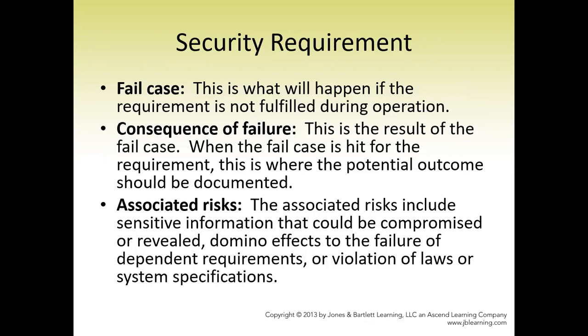That's a failed case, a failure right this moment because my system didn't protect it. That should be documented, right? Associated risk includes sensitive information that could be compromised or revealed, a domino effect to the failure of a dependent requirement, or a violation of laws or system specifications.